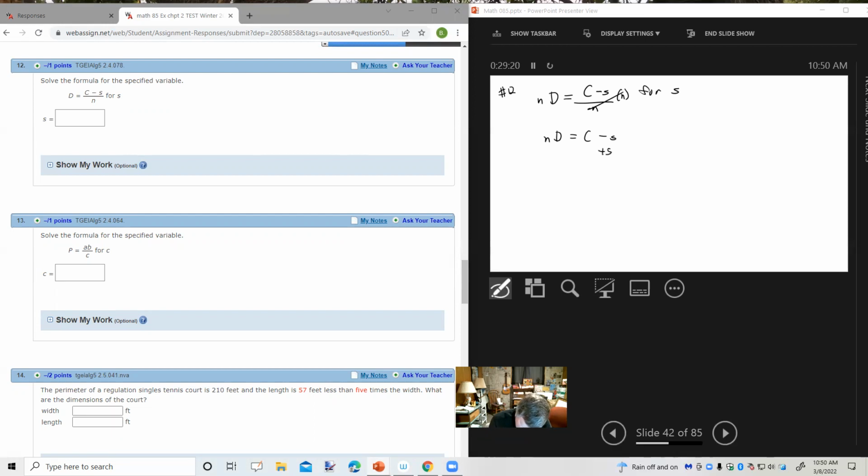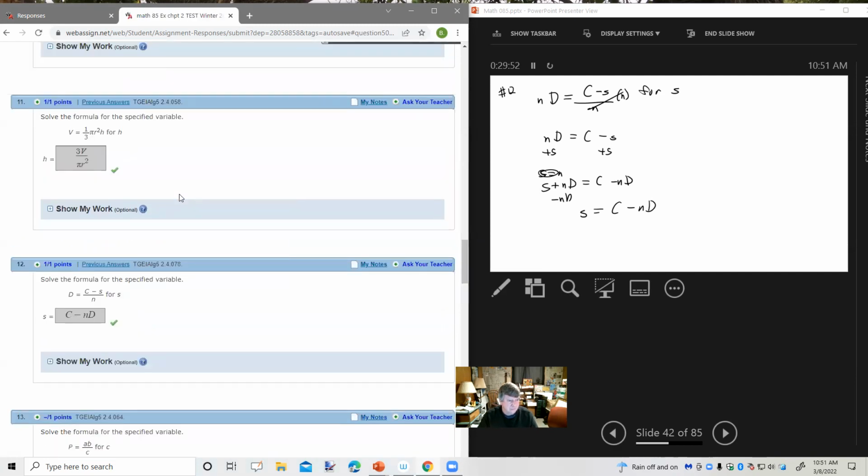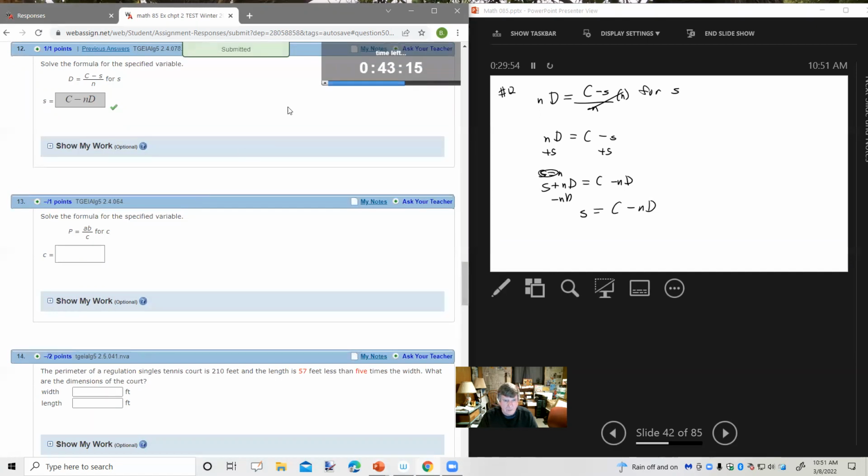I'm going to add s to both sides: s plus nD equals C. And then I'm going to subtract nD. So I get little s equals capital C minus n capital D. There you go. All right.